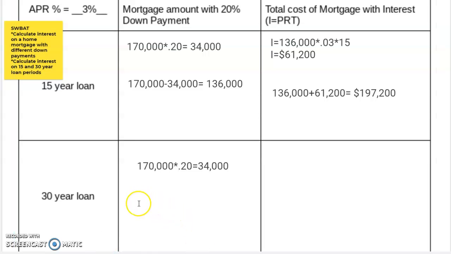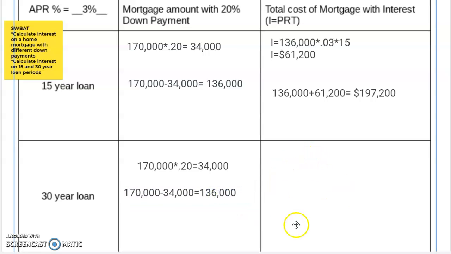Then go ahead and subtract it from the cost of your house to give you your loan amount of $136,000. And then I want you to calculate your interest and the overall cost again, using 30 as your time.